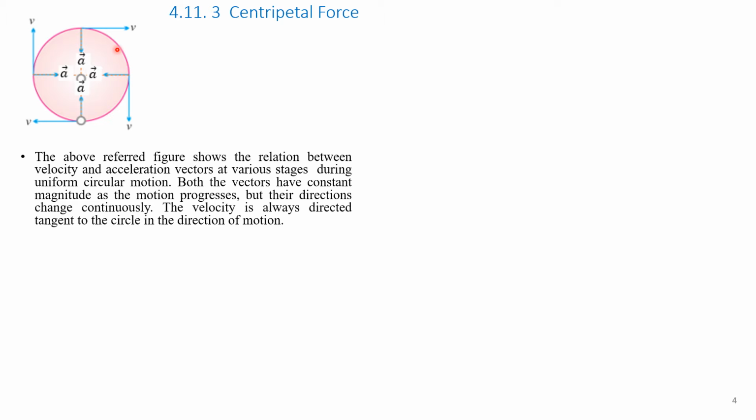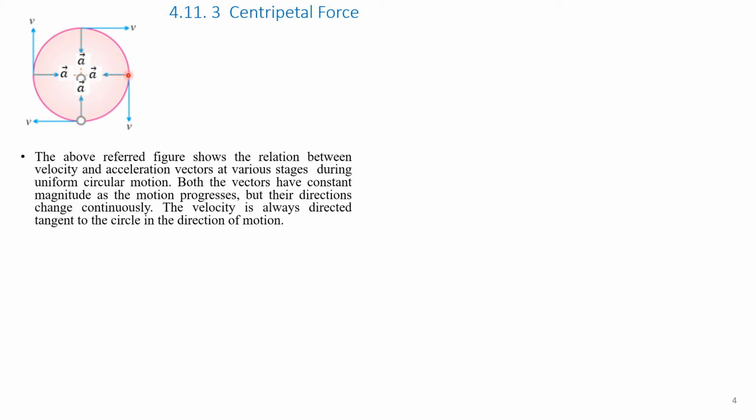So here the object is performing a uniform circular motion, and at certain points we will define v. Both vectors v and a have constant magnitude. The magnitude does not change as the motion progresses, but their directions are changing.